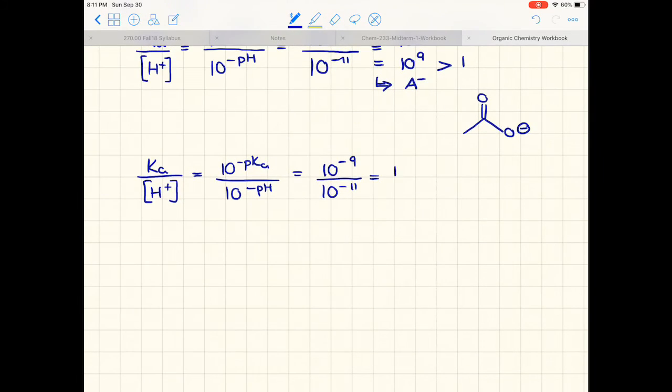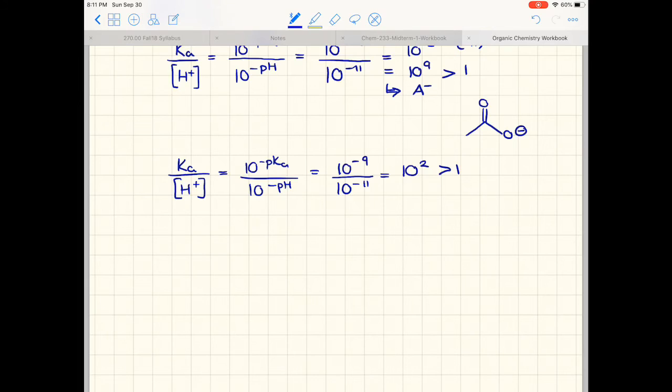So you'll get 10 to the 2, which is greater than 1, and therefore this will not be protonated and remain as that, because this is also in its basic form.